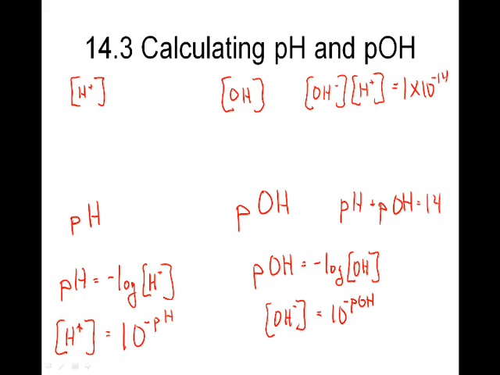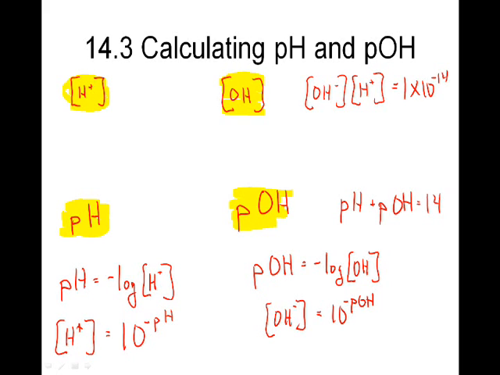Looking at this graphic, there are 4 ways of expressing concentrations of hydroxide and hydrogen ions in acid and base solutions.